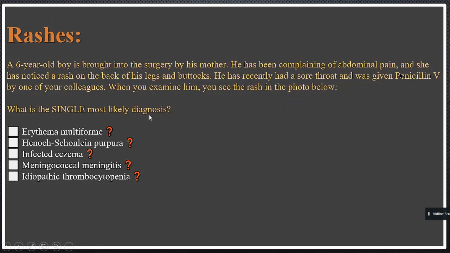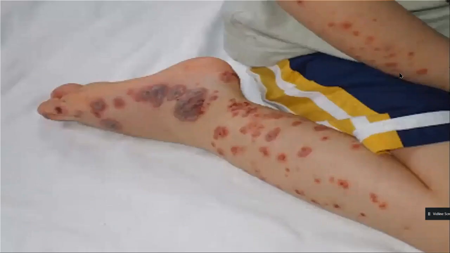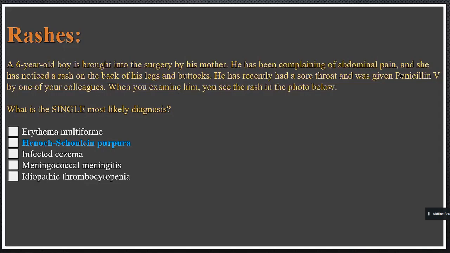Single most likely diagnosis. Abdominal pain, purpura, and joint pain. Option B, second one, Henoch-Schonlein purpura. Yes. But you have to check the scenario because you have a differential diagnosis of meningococcal meningitis. So the patient is stable, the patient is good or not.